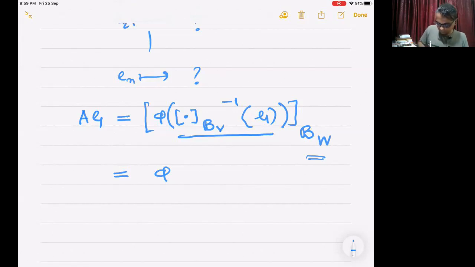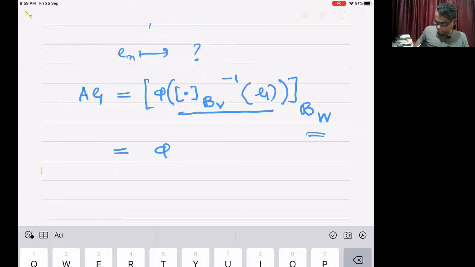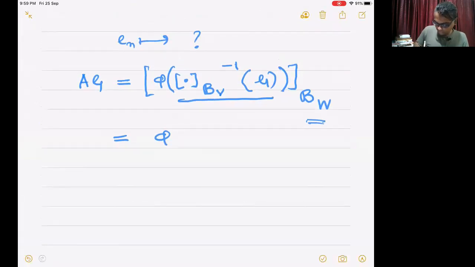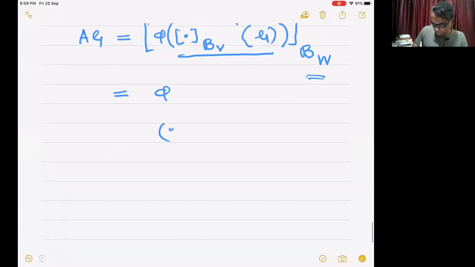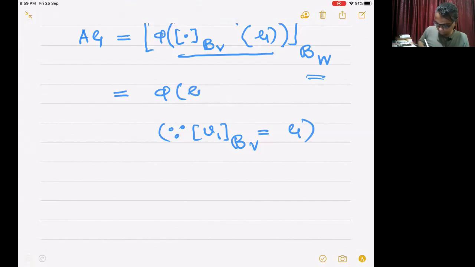So the first basis vector represented by BV is E1. So that means this will be phi acting on the inverse, which is V1, and its representation must be obtained from BW.